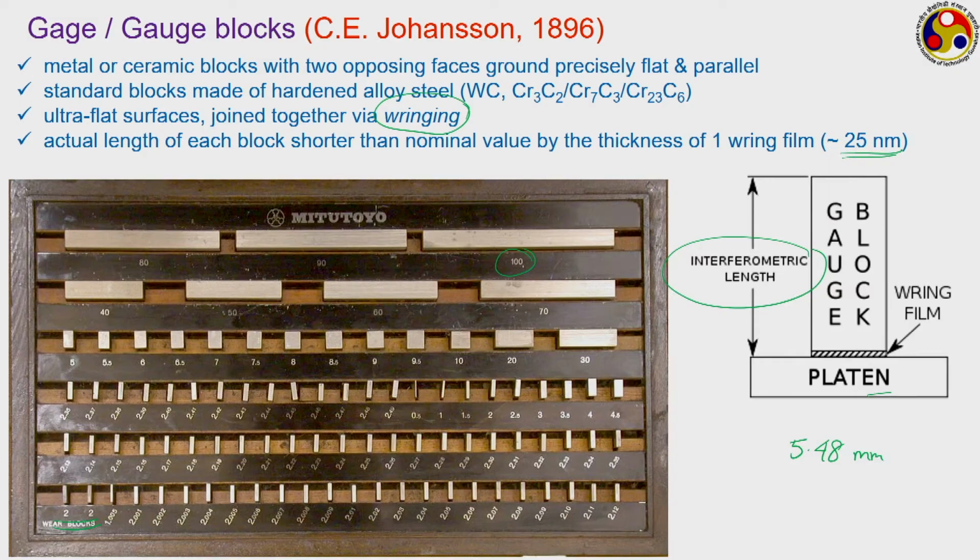There are several combinations that you can go for, but generally we would like to go for something which gives us the smallest number of blocks. So, what is the smallest dimension that we are mostly bothered about? That is this 0.48.